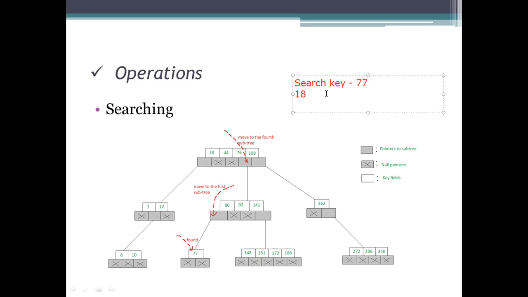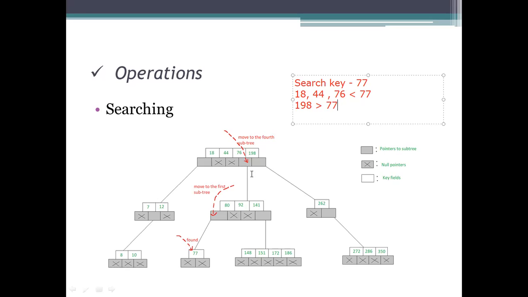Okay. Now 18, 44, and 76 are less than 77, and 198 is greater than 77. So where does it reside? It resides at the 4th subtree, so move to the 4th subtree pointer.